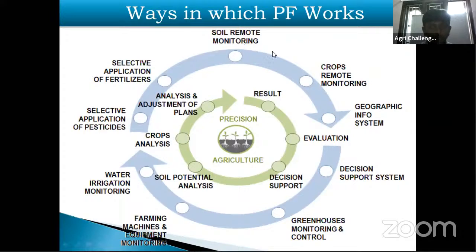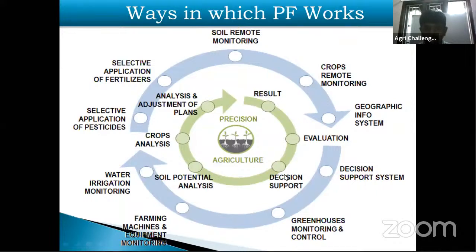With the help of soil remote sensing data, GIS, GPS, and remote sensing, we get site-specific or location-specific reference, and we analyze the GIS data with the help of the decision support system.